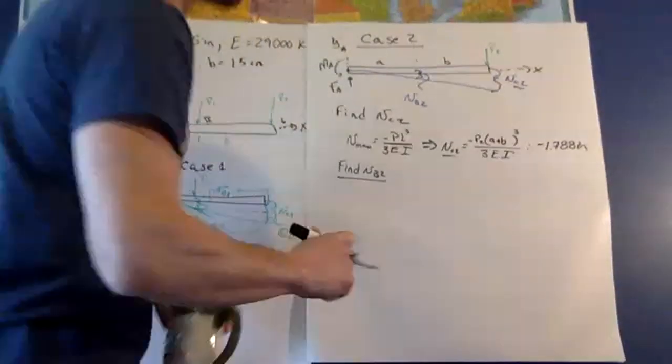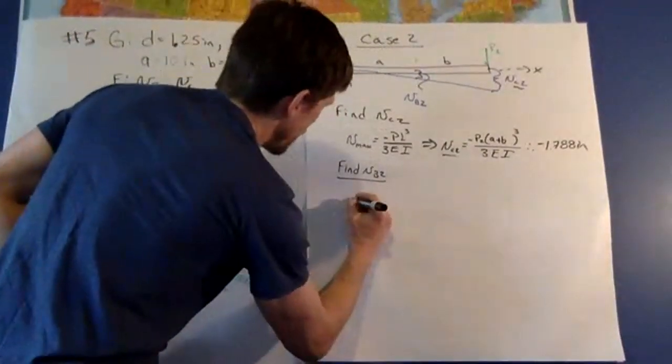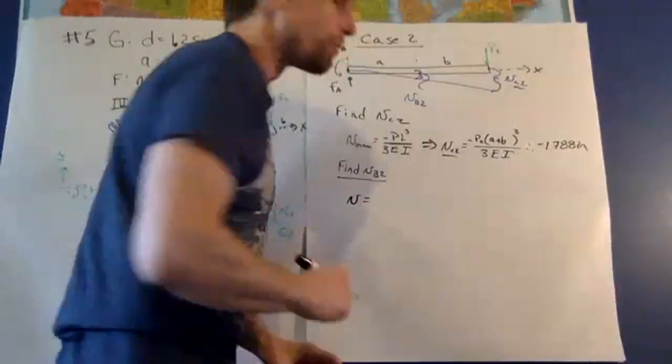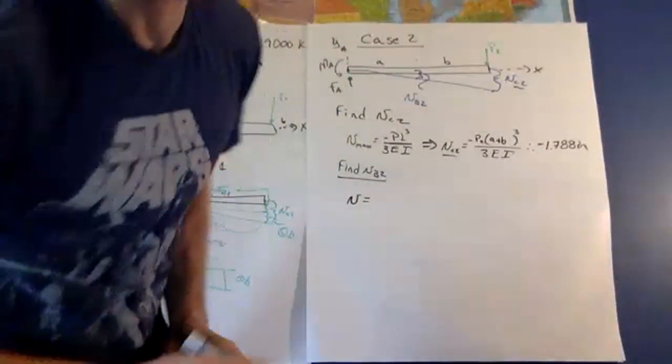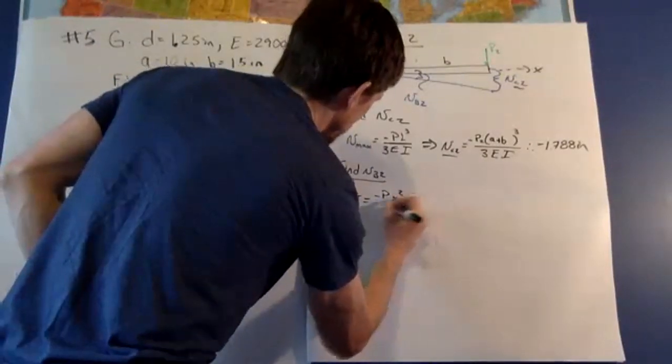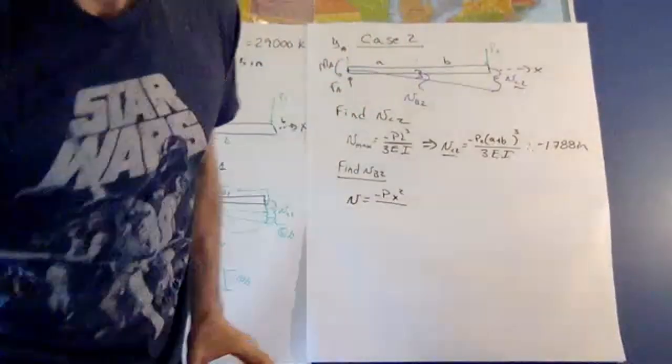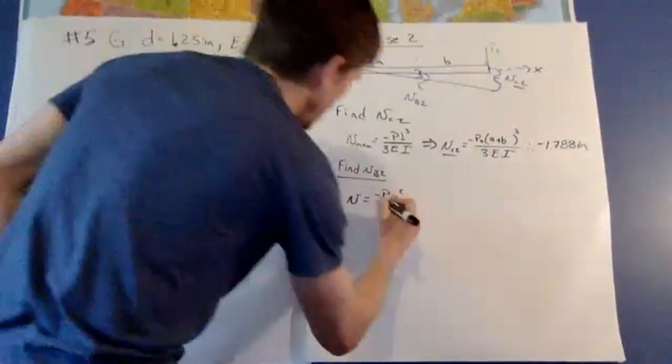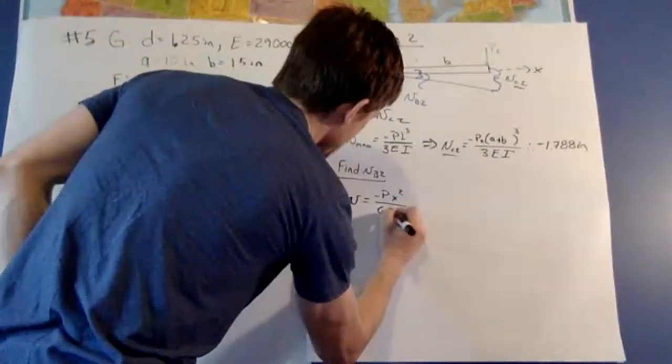The elastic curve looks like this. We have the displacement, and I'm just reading right off the book, minus Px squared divided by 6EI, multiplied by 3L minus X. So this is the general equation.